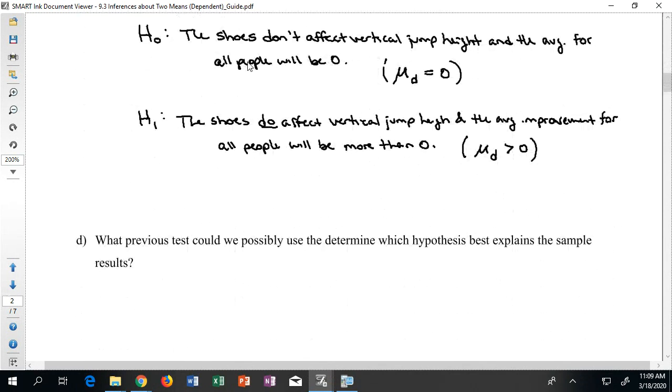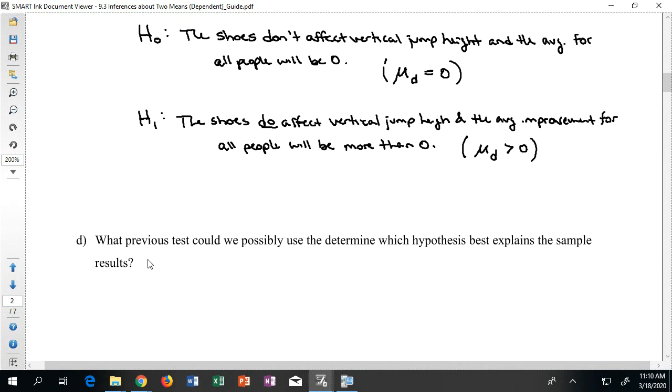Now if we take a look at part D, we can see one other thing, which is that realistically this is a test that's really going to deal with 2 hypotheses about a single average. So here's the best part. We actually have a previous test that can help us determine which of these hypotheses is best. And in this case, you might be able to look back at the formula sheet to figure out what calculator test I could run that only tests for a single average.